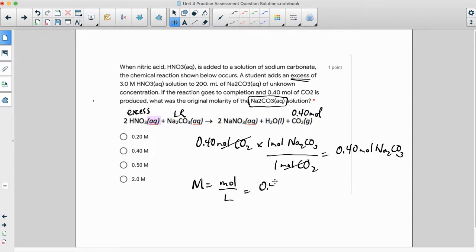So I can put in my 0.4 moles and divide that by my liters of solution, which was 0.2. And so 0.4 divided by 0.2 would give us 2 molar.